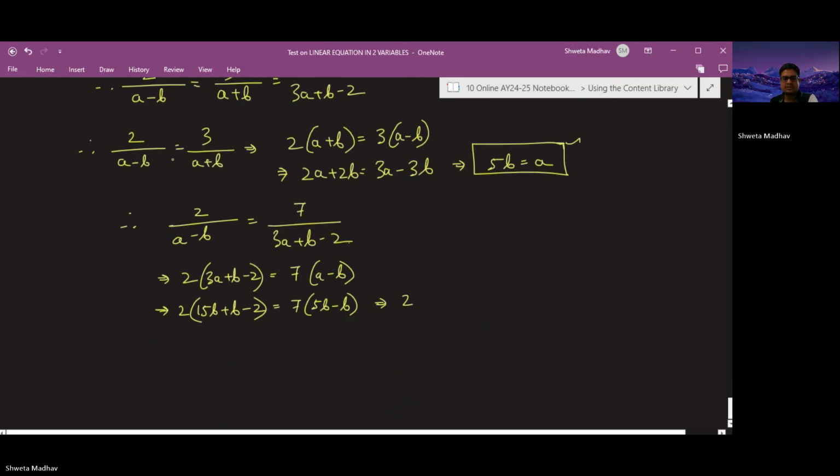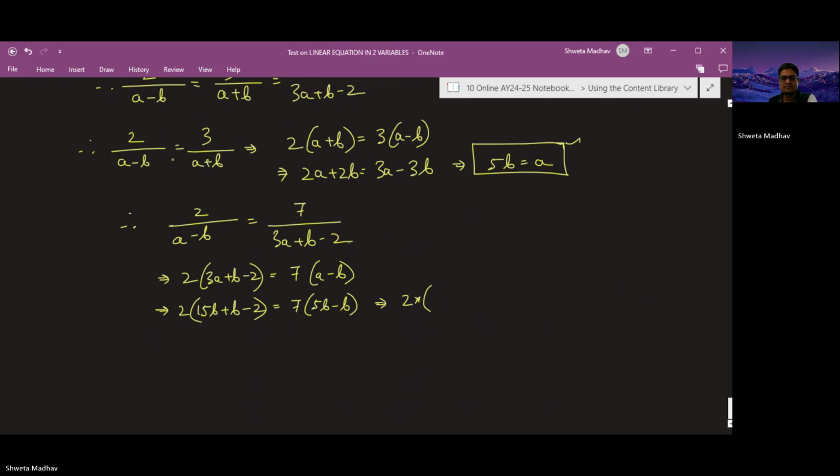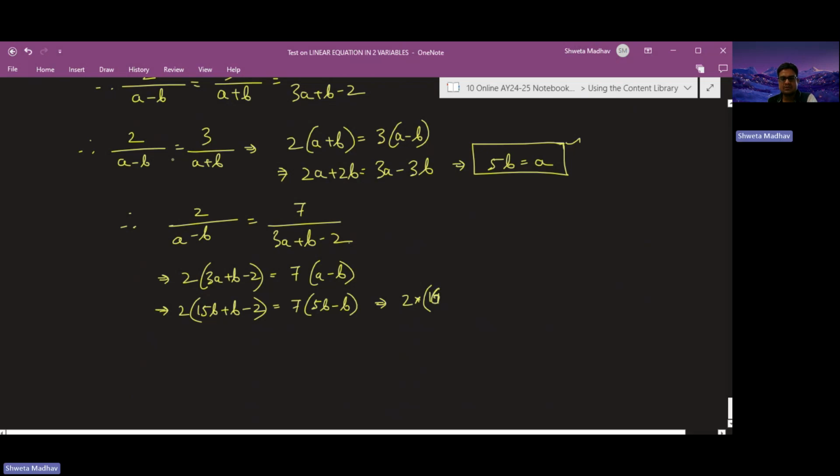So this will be 2 into (16b minus 2), equal to 7 into 4b. So this will be 32b minus 4, equal to 28b. So 32b minus 28b, that is 4b, is equal to 4.